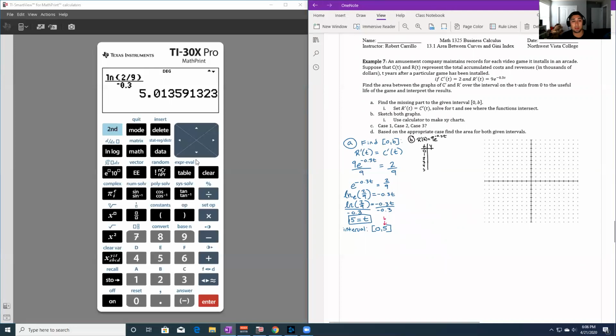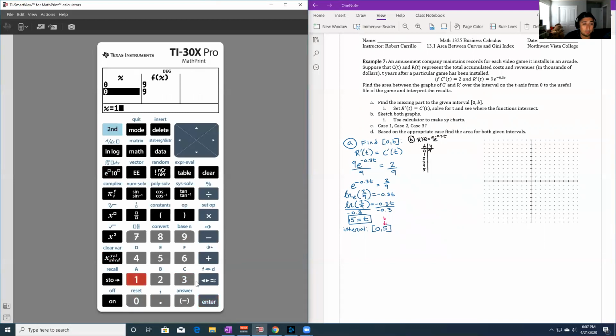Okay, typing that in your calculator. Well, look on the left side over here. Table, add function, right? You either have y equals or you have f of x equals, whichever you're using. So I'm typing in 9e to the negative 0.3x. In the calculator, it has to be x. Enter. Don't care about g of x here. Well, later we will. Now let's type in values. If I type in 0, I get 9.